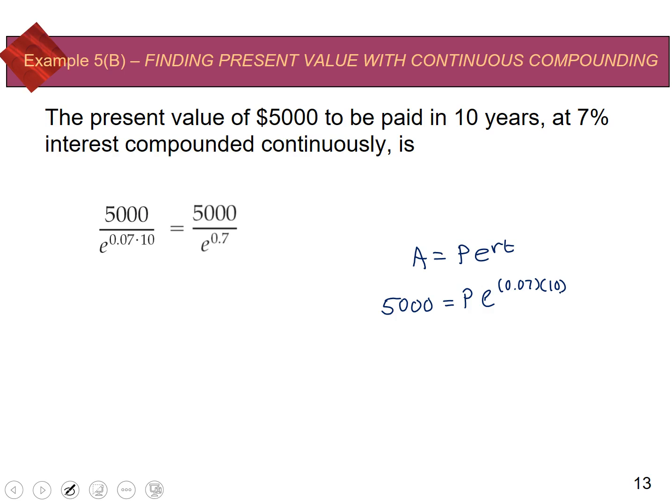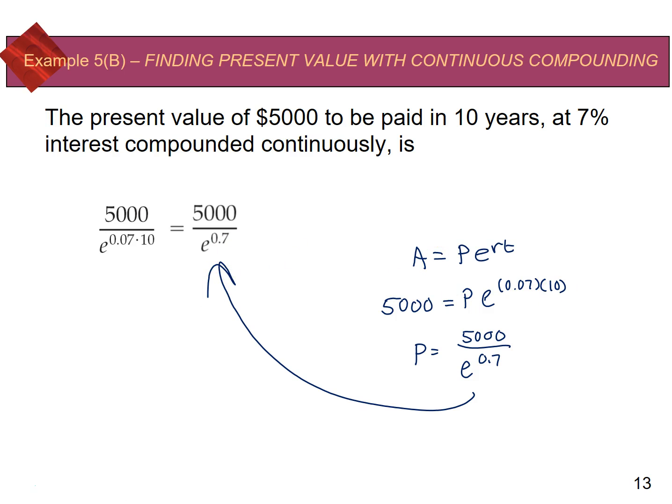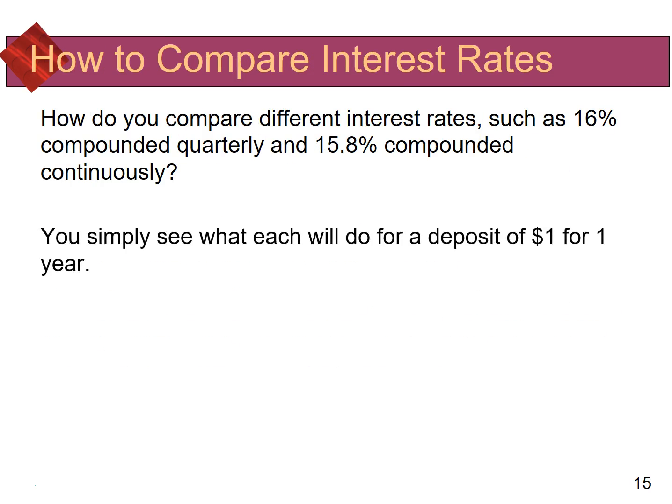And all they're doing is rearranging that, so I'm just going to do 5,000 over e to the 0.7. So that's where they get it from. You don't have to memorize a new formula to do this. So, I'm going to skip through that.